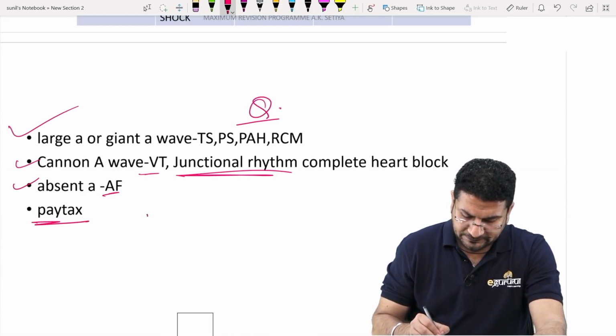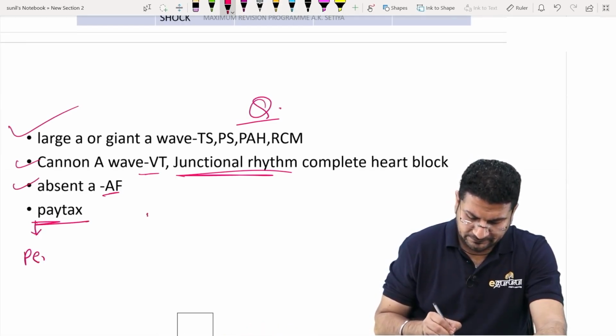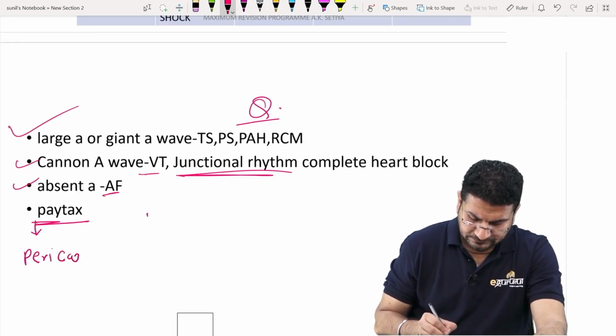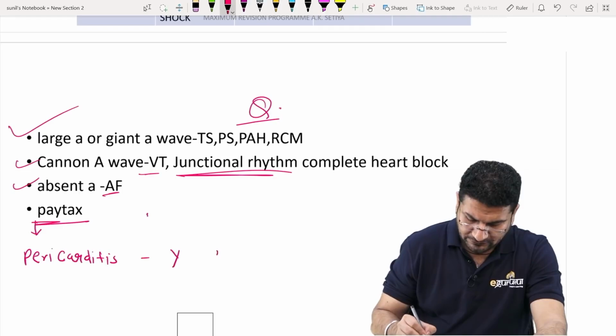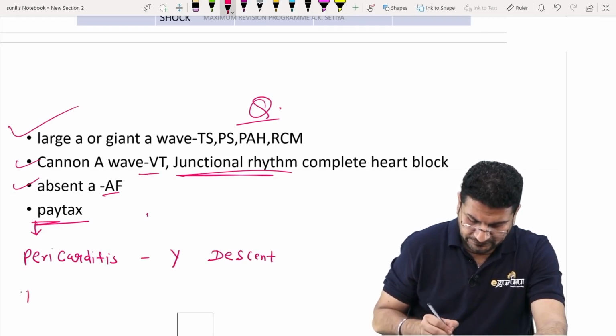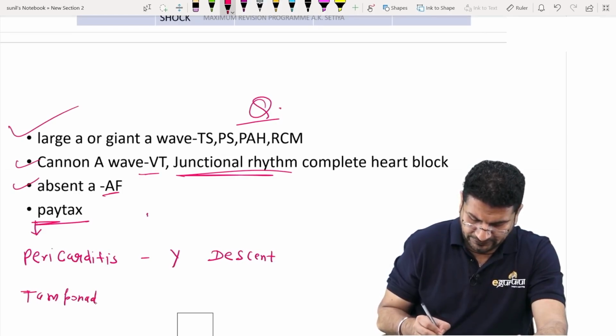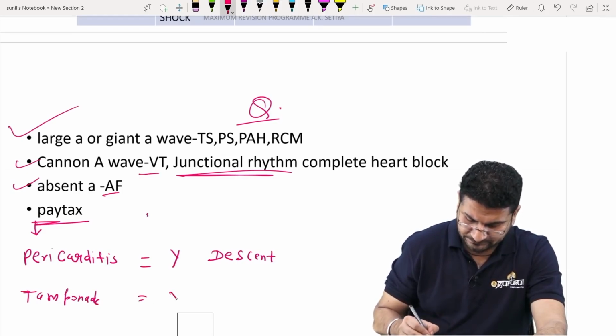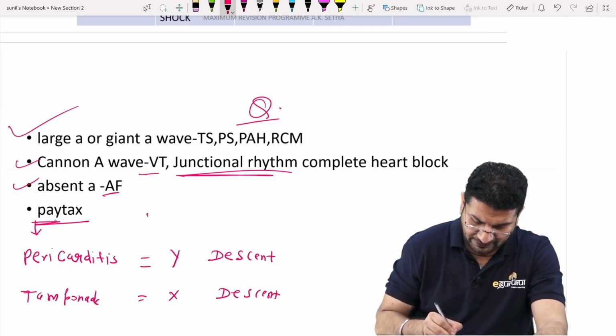P is for pericarditis, in which you will see Y descent predominant. In case of tamponade, you will see X descent predominant.